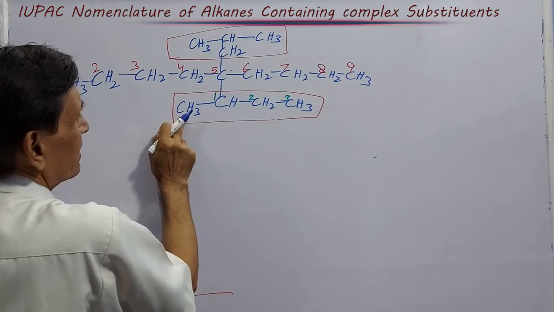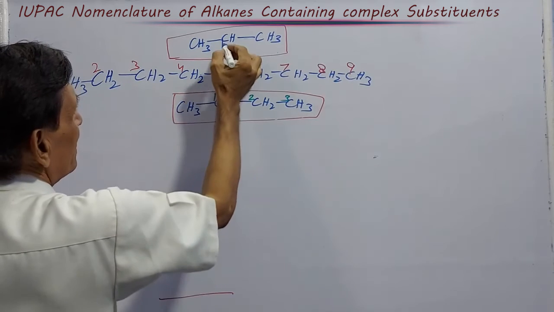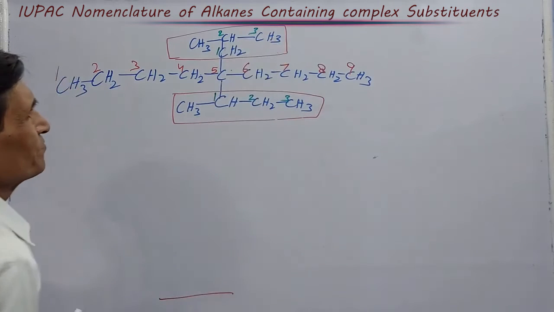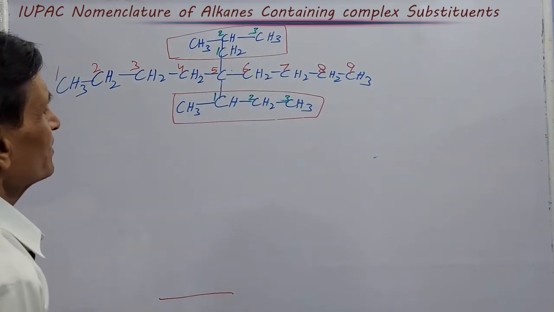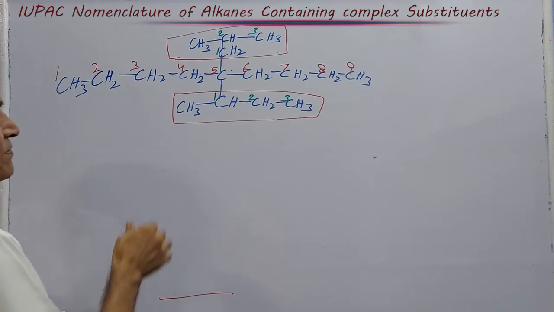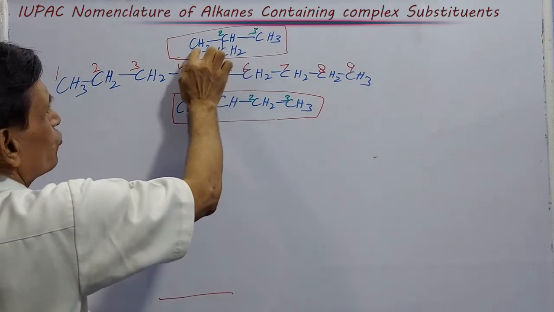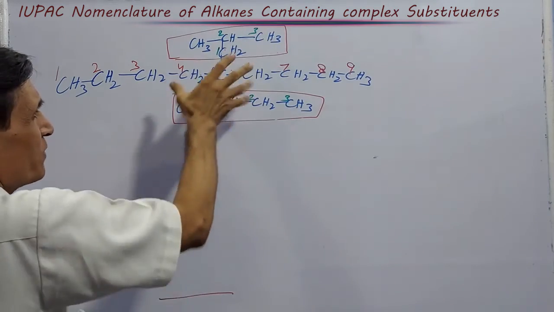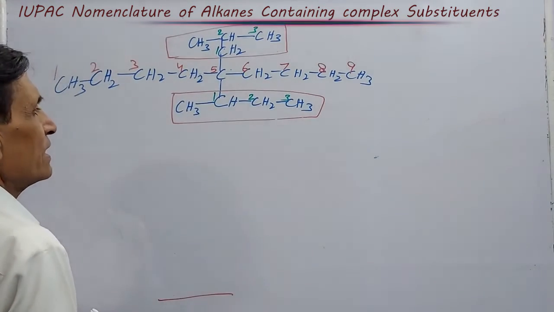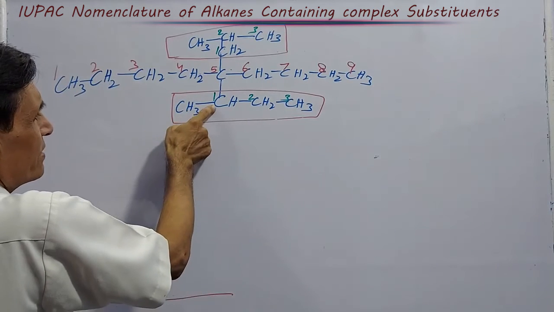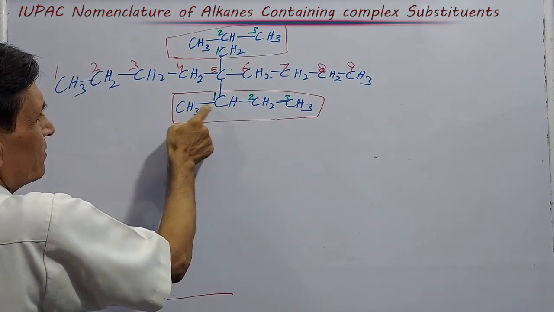The first carbon is substituted here. Here also 1, 2, 3. Then how to write the name? Here it is 1-methyl propyl. This is 2-methyl propyl. The words methyl propyl are identical, so we will prefer the locant of lower number.